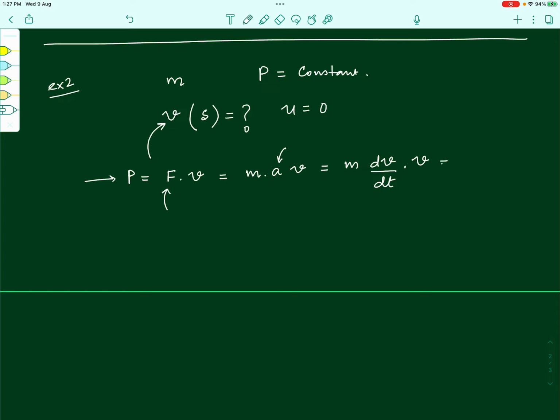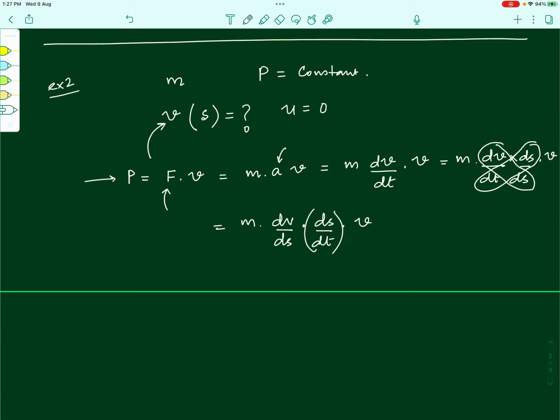So what we do is, we use the other way of writing the acceleration, which is you write dv by dt over here and then you multiply with the ds and you divide with the ds, v remains as it is. And now you take this dv along with this ds and this ds along with this dt. So what we get here is m into dv by ds into ds by dt times v.